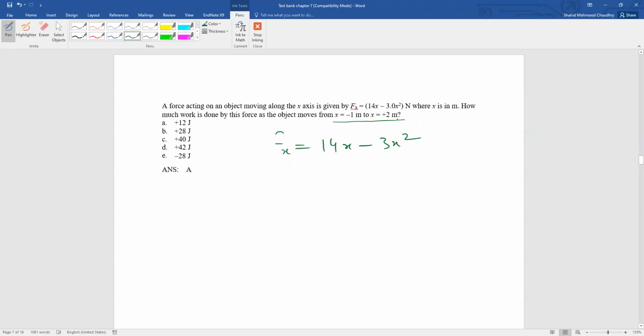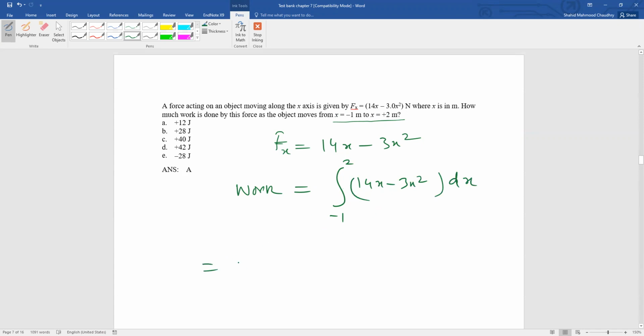If this type of question comes, then you have to find this integration. Work done will be equal to the integral from minus 1 to 2 of 14x minus 3x square dx. So we will find the integration.